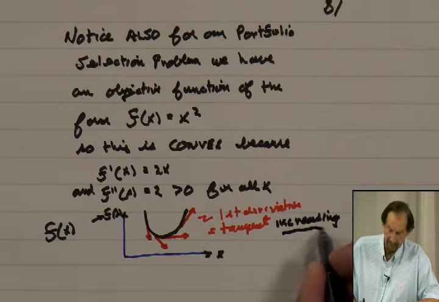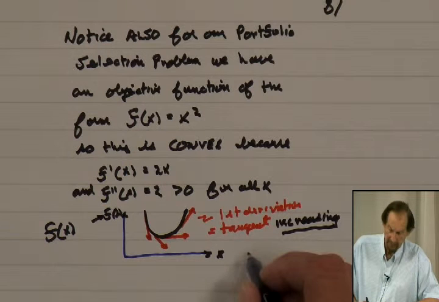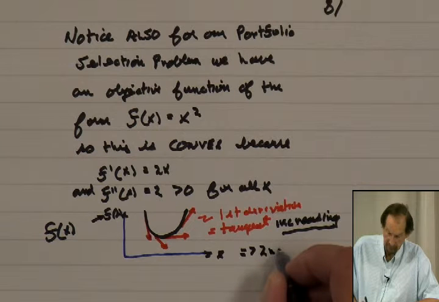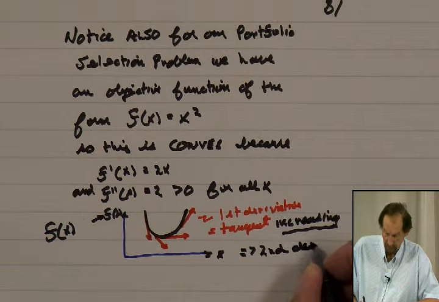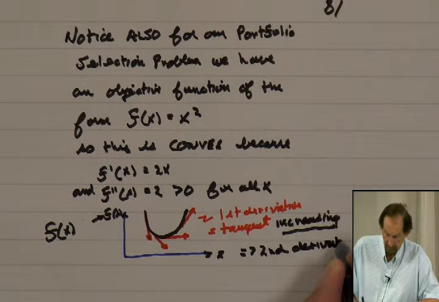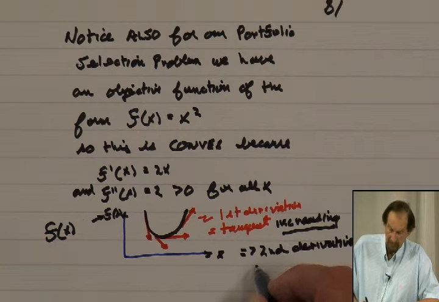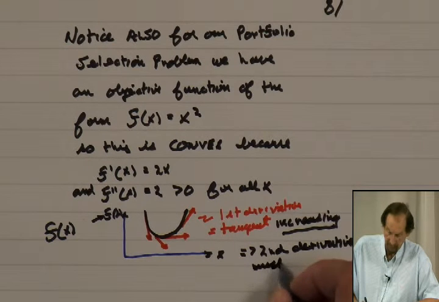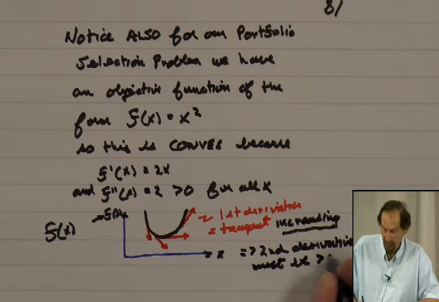It's increasing. That first derivative is increasing implies that the second derivative must be, in this case, strictly greater than 0.